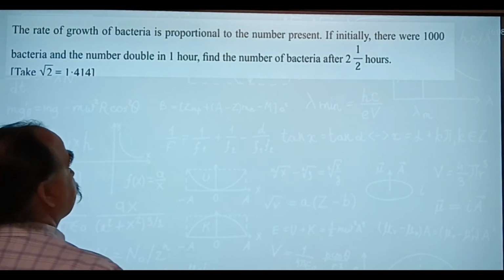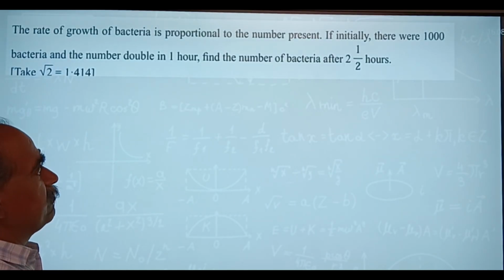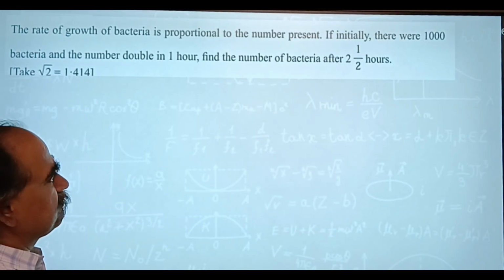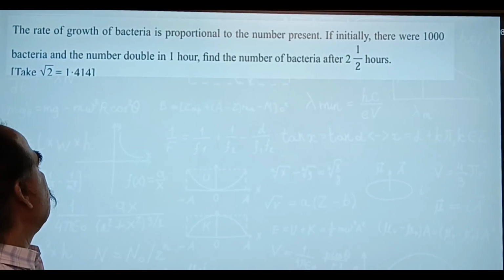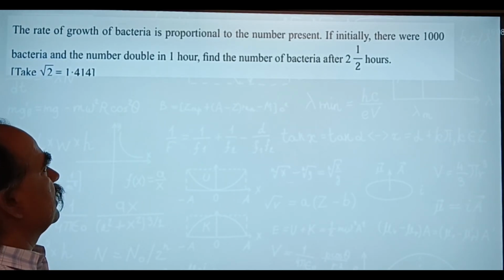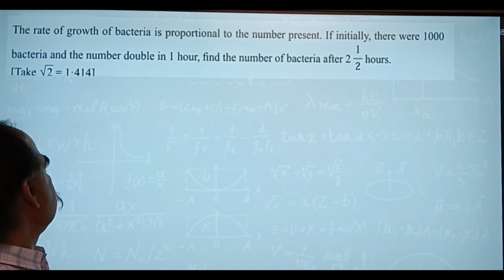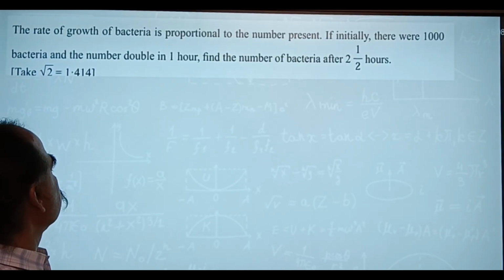The rate of growth of bacteria is proportional to number present. If initially there were 1000 bacteria and the number doubles in 1 hour, find the number of bacteria after 2.5 hours. Take root 2 is equal to 1.414.